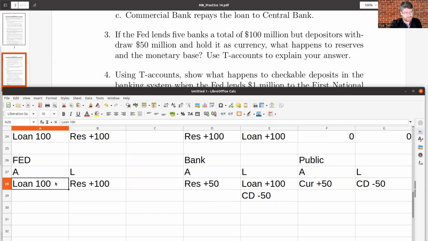What about the Fed? Now the Fed provided the same kind of loan. Nothing changed for the loan, but changes for reserves, they involve 50 withdrawn from the banks by providing these loans for the public, and currency in circulation. Currency increases by 50.